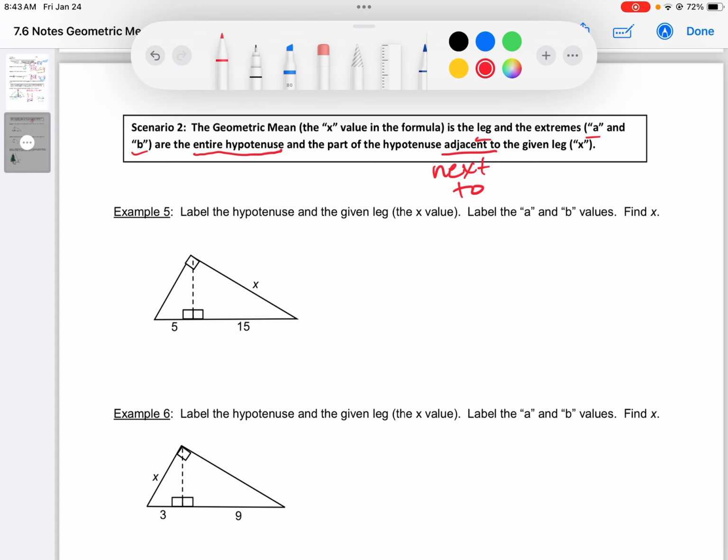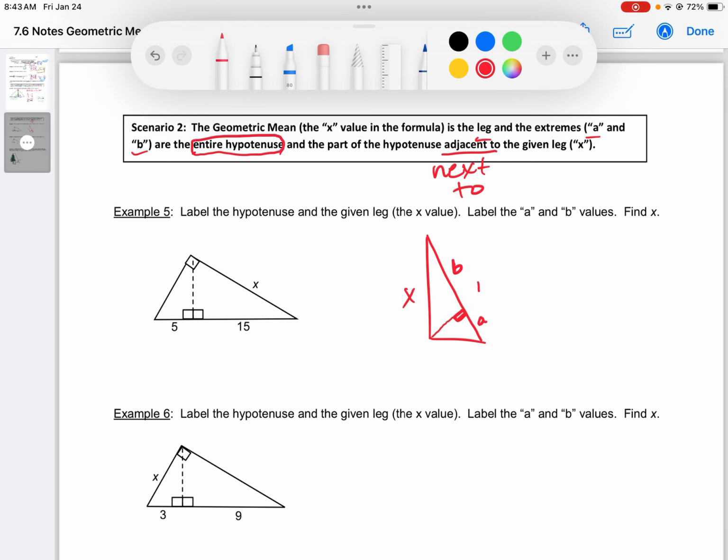So again, let's simplify this language a little bit. If I have a right triangle, my leg is going to be the middle length. And then if I were to draw an altitude and make that perpendicular, my extremes are this little part right here and the entire hypotenuse.